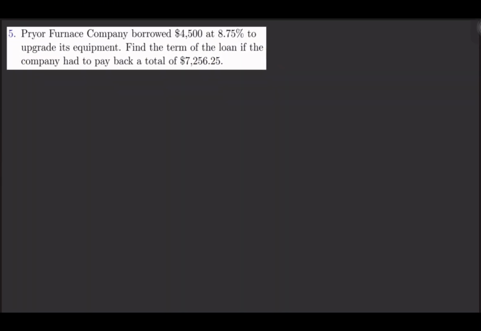A furnace company borrowed $4,500 at a rate of 8.75% to upgrade its equipment. Find the term of the loan if the company had to pay back a total of $7,256.25. Okay, now the principal was definitely $4,500, and the rate was definitely 8.75%, or if you want to put it in decimal, 0.0875.